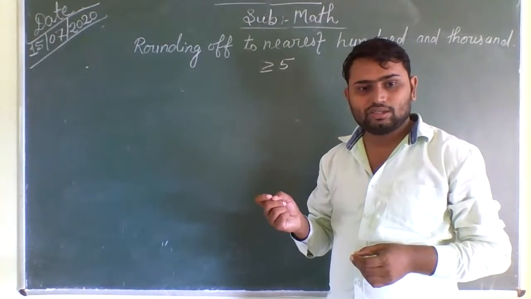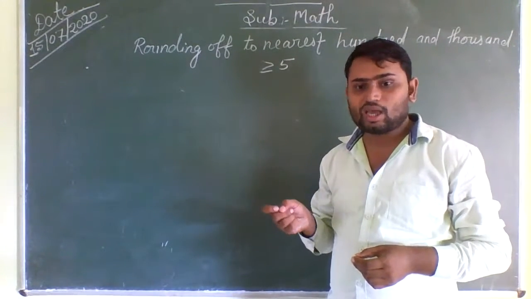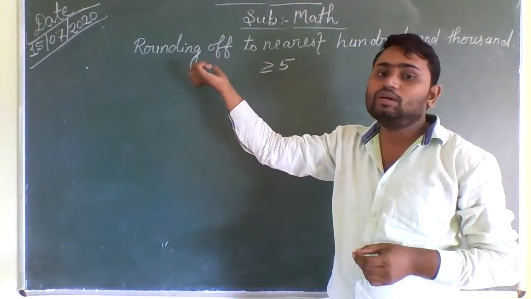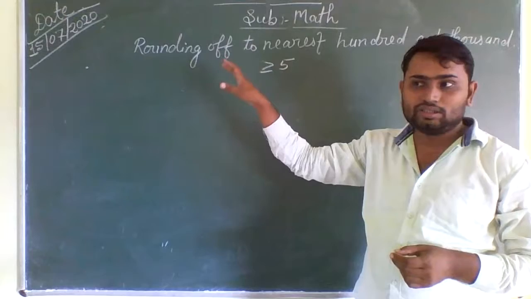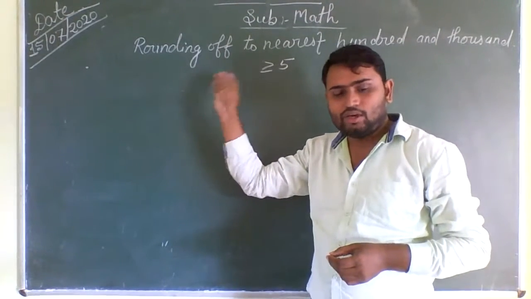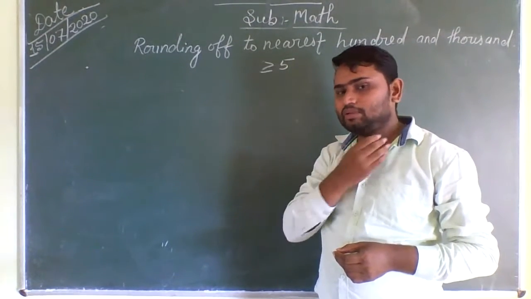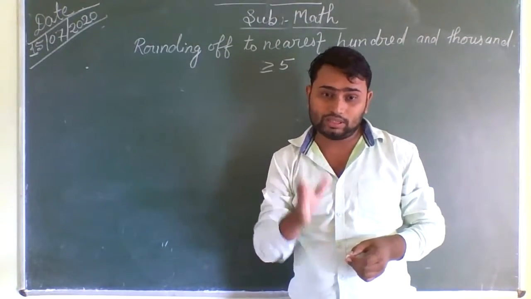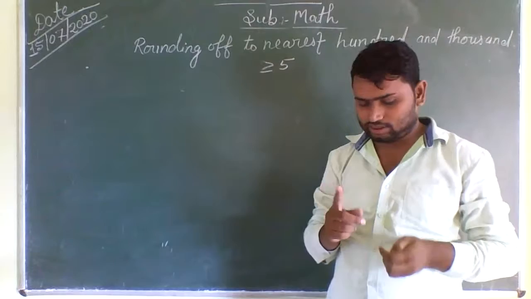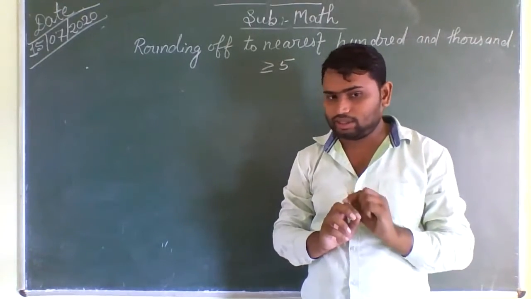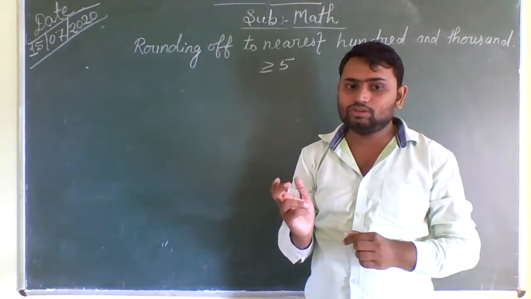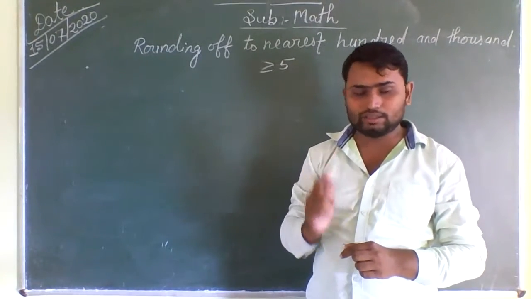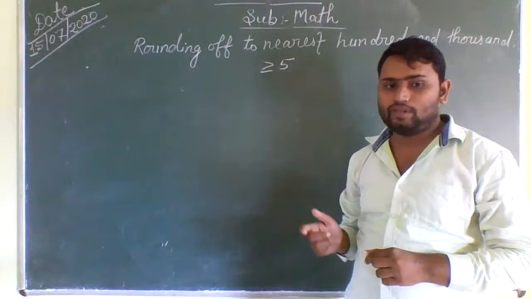Which digit should be increased? The digit at the 100 place, because we are finding the nearest 100 of the number. After that we will put two zeros. How many zeros? Two zeros, because after 100 there are two digits, ones and tens. So we will put two zeros after that.